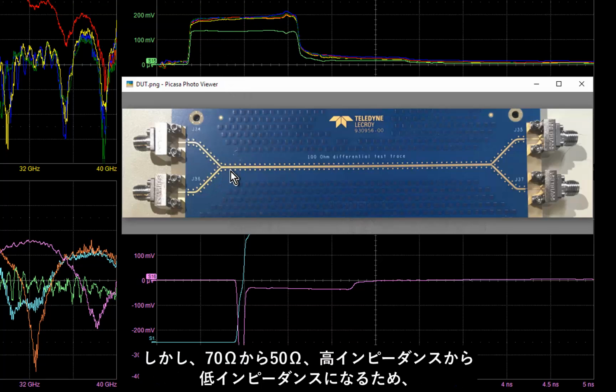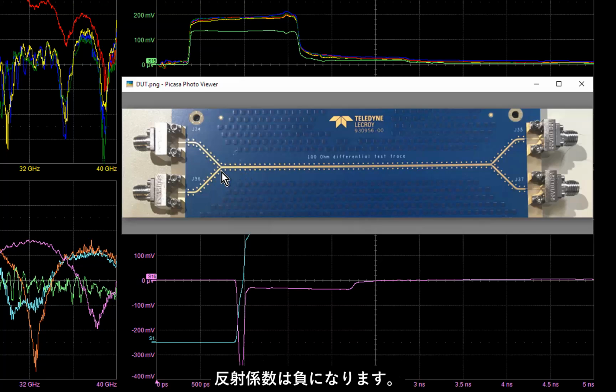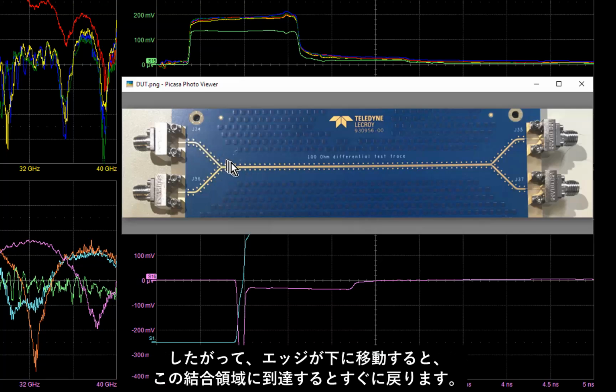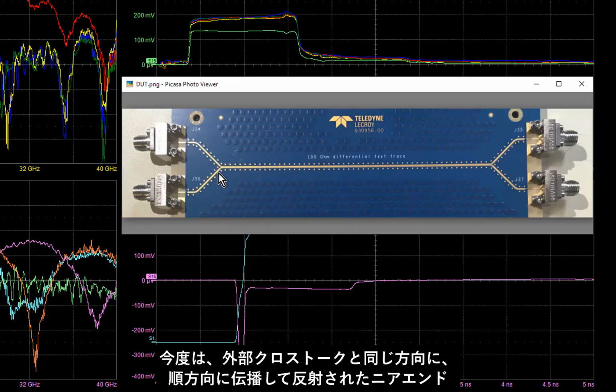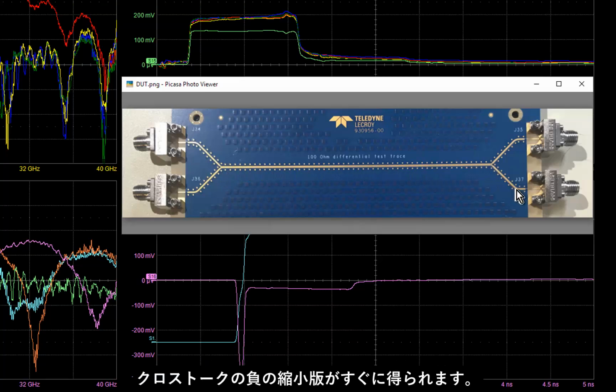But because we go from 70 ohms to 50 ohms, a high to a low impedance, that reflection coefficient is going to be negative. And so as the edge moves down, as soon as it reaches this coupled region, it heads back, and now we're going to get instantly this negative reduced version of the near end crosstalk reflected, propagating in the forward direction, the same direction as the far end crosstalk.